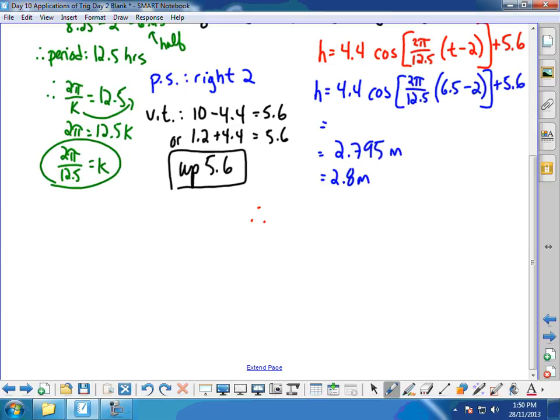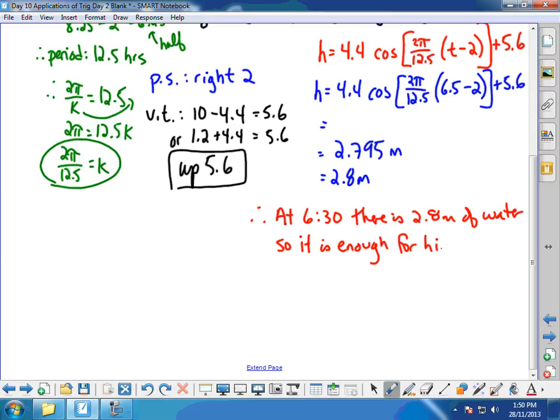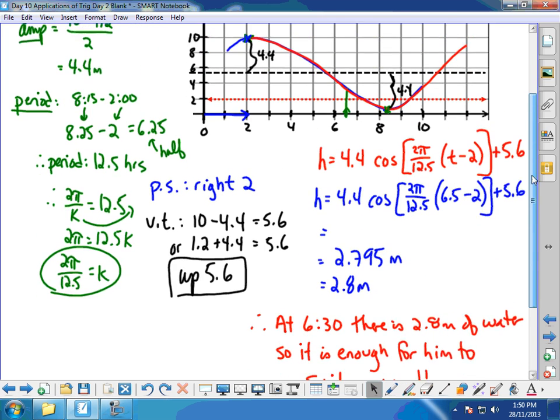So therefore, at 6:30, there is 2.8 meters of water, so it is enough for him to sail away. So a really cool question. It's a pretty cool application, and I'm able to do that math here.